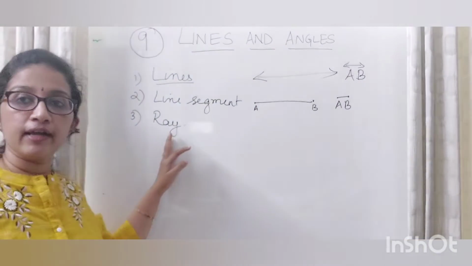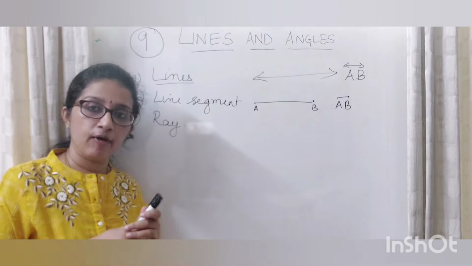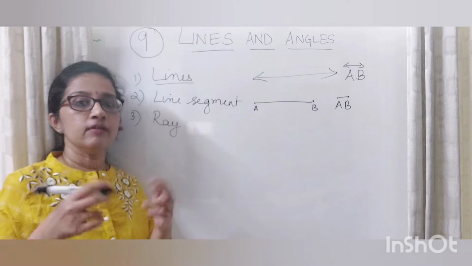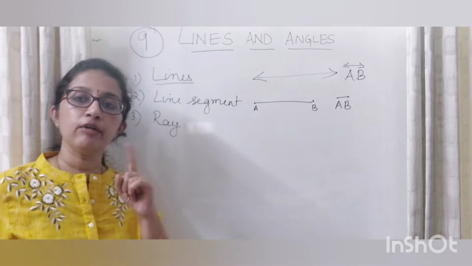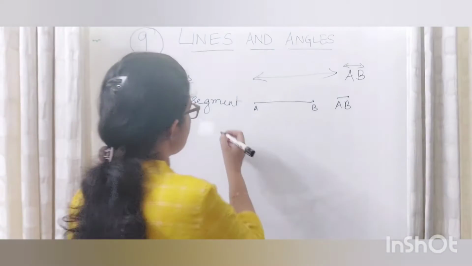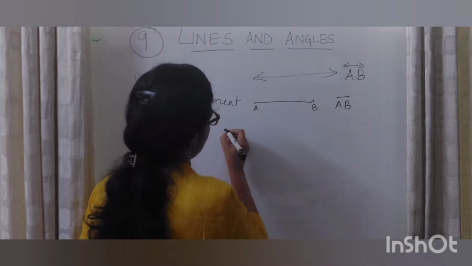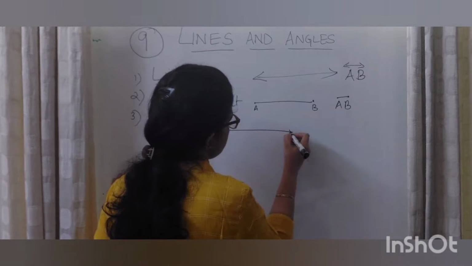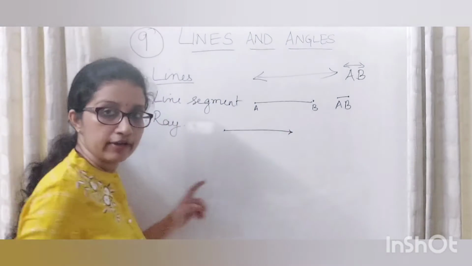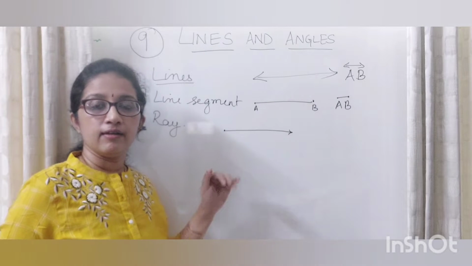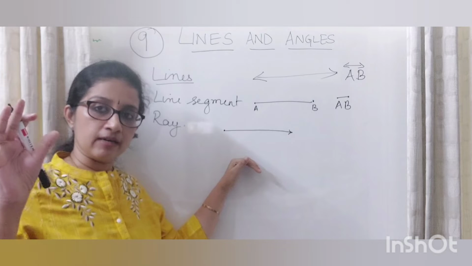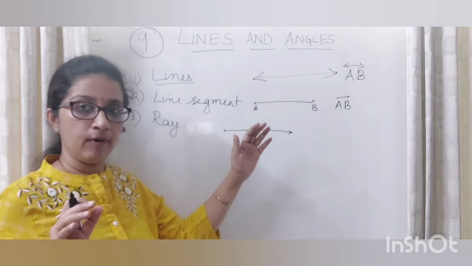And what about a ray? A ray has one endpoint and the other end keeps on extending. There is no other endpoint. So it will have only one endpoint. This is a ray. For example, we say rays of the sun. The rays of the sun start from the sun, but do they have an endpoint?